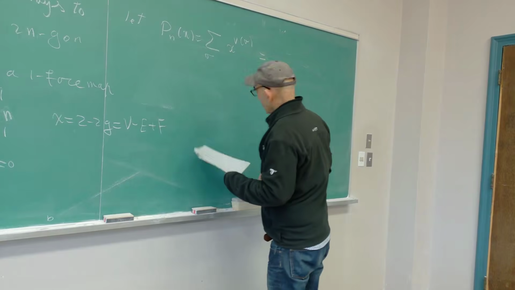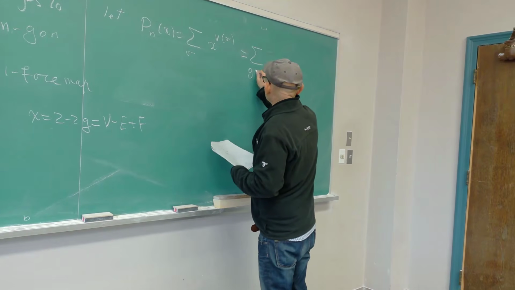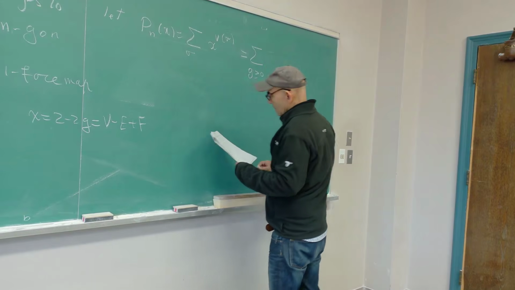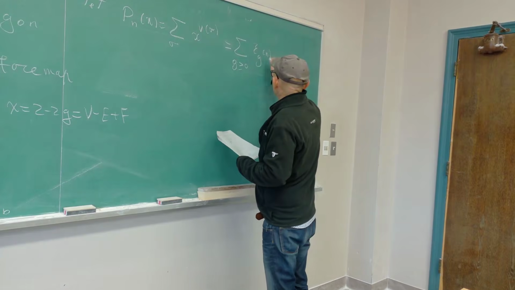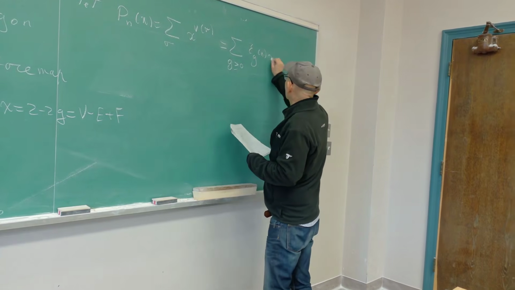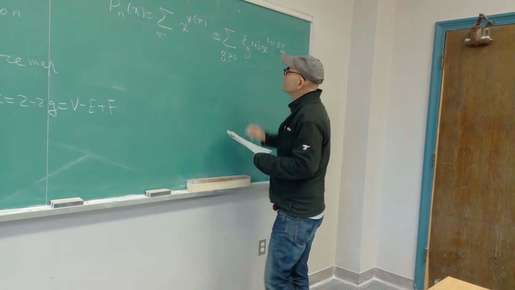So this we can also write as the sum over genus g equal to 0 of epsilon g,n times x to the power n plus 1 minus 2g.